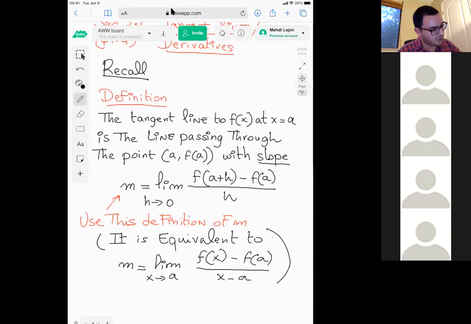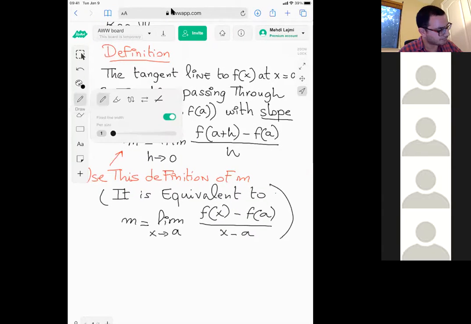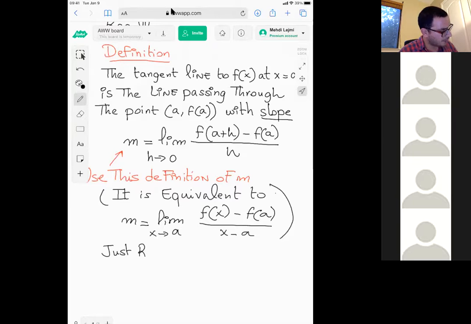Again, it's the same definition because all you have to do is replace x by a plus h.